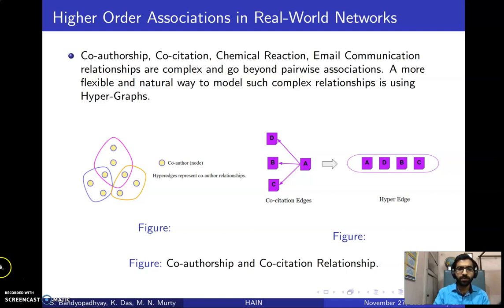For example, if you consider a co-authorship network, a research paper can be co-authored by more than two authors. Similarly, in a citation network, a research paper might cite more than two papers. So in those cases, we need higher order relationships.